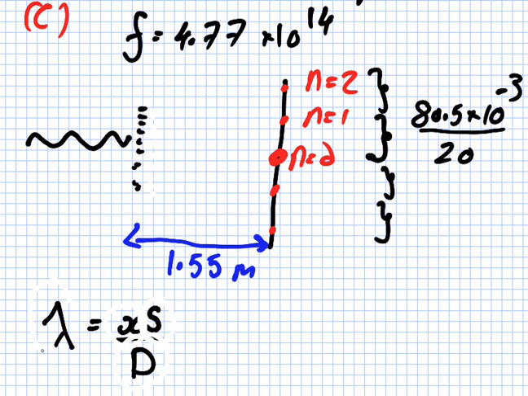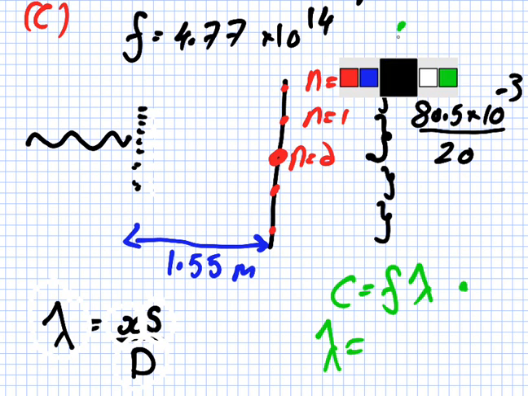Do we know the lambda? No, but we can easily get it using the frequency, because you have the formula C equals F lambda. So you can easily get lambda from this formula. So let's do that first. The first question is the separation of the double slit, that's the s.